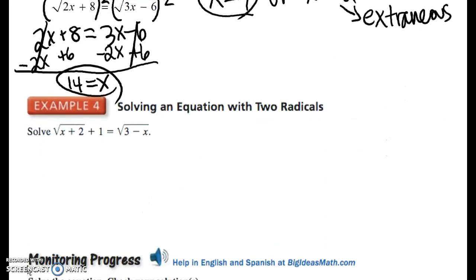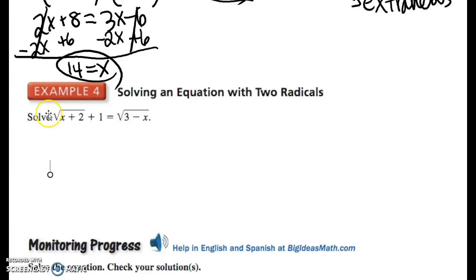Looking at example 4, this is a little bit different because I see square root on both sides. So I'm still going to square both sides to get rid of the square root. When I square the right-hand side, I'm just left with 3 minus x, so that's a little bit easier. But when I square the left-hand side, I have to FOIL square root of x plus 2 plus 1.